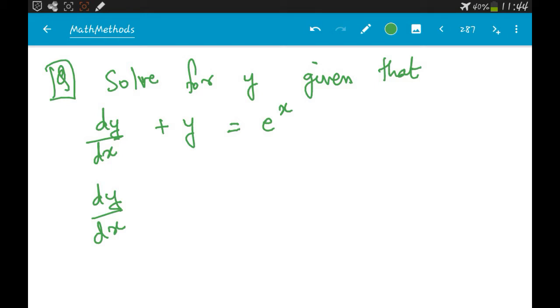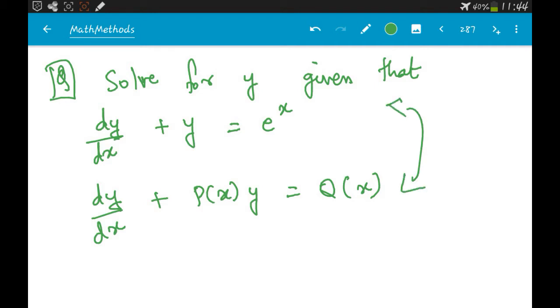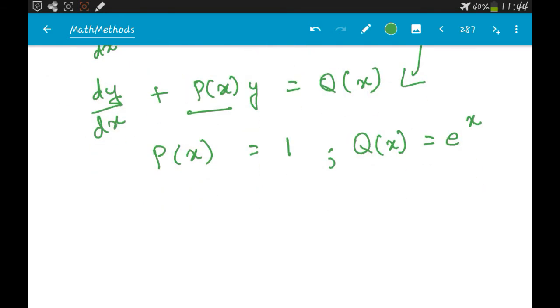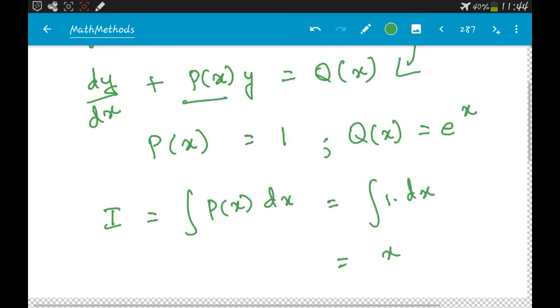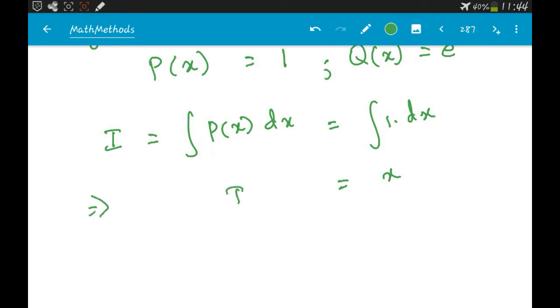Comparing with dy by dx plus p of x into y is equal to q of x, we see that p of x is 1 and q of x is e power x. Now we can find the integrating factor. I is integration of p of x dx, which is integral of 1 dx, so you get x. So I is x.